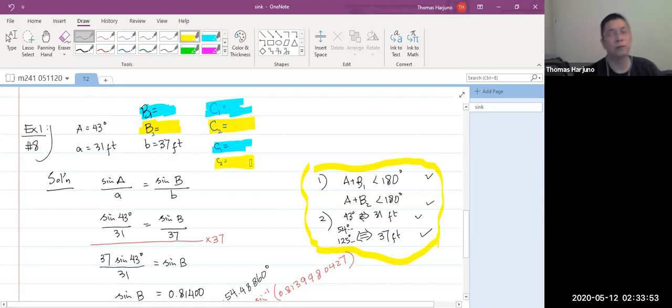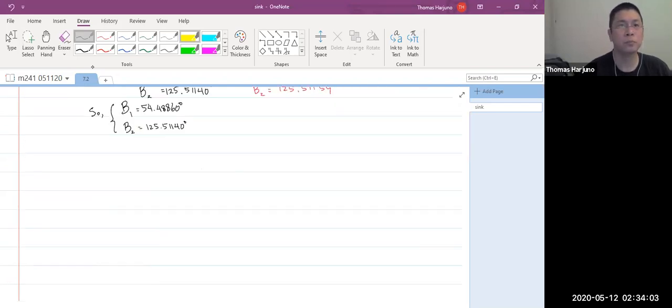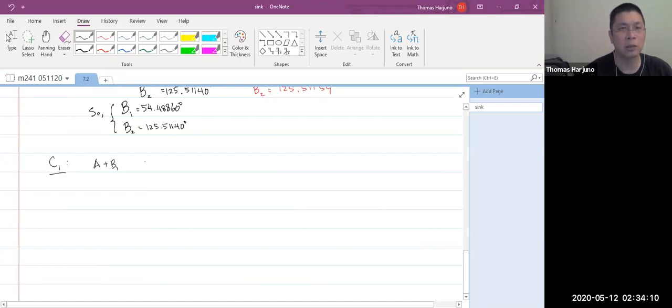If we solve that further, which I believe you can do yourself, let me do C1. If I want to find C1, A plus B1 plus C1 equals 180 degrees. A is what, 43? And B1 is 54.48860, plus C1 equals 180 degrees.